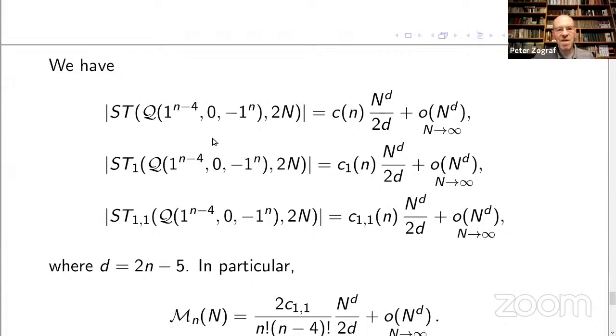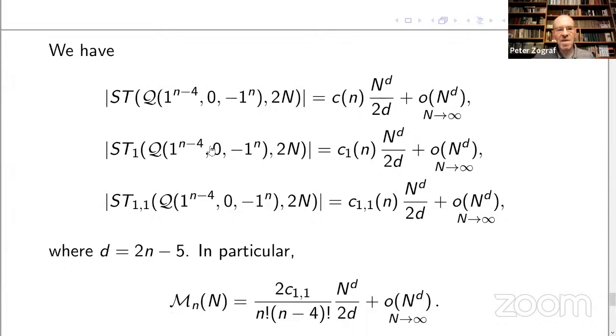The second one is the set of all square tile surfaces with precisely one horizontal cylinder of maximal circumference, built of not more than 2n squares.